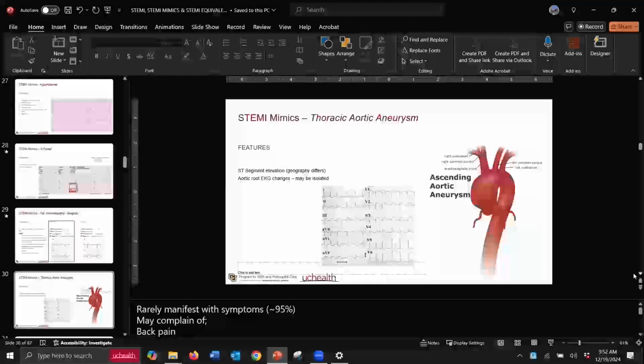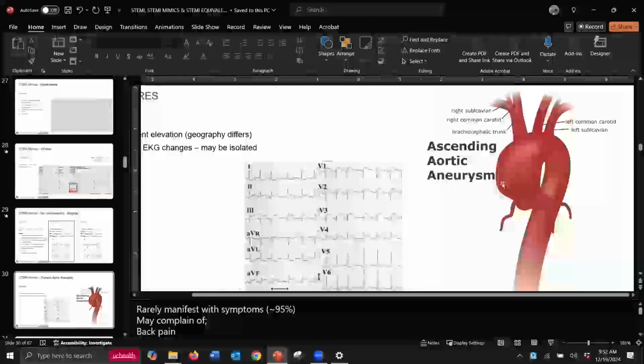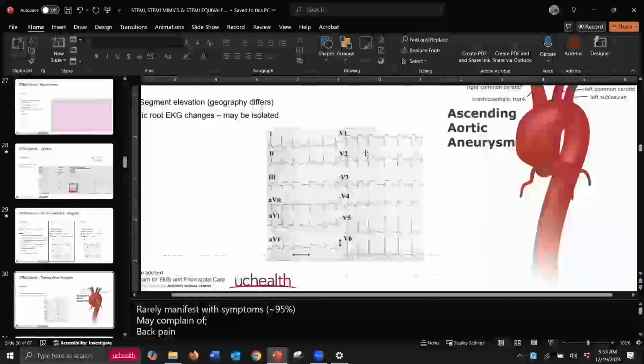This can really look like a really, really, really bad MI. If we have an ascending aortic aneurysm, and more importantly, if it involves the coronary ostia, the pulmonary valve, the aortic valve, old man stuff, we can see dramatic changes in the EKG.